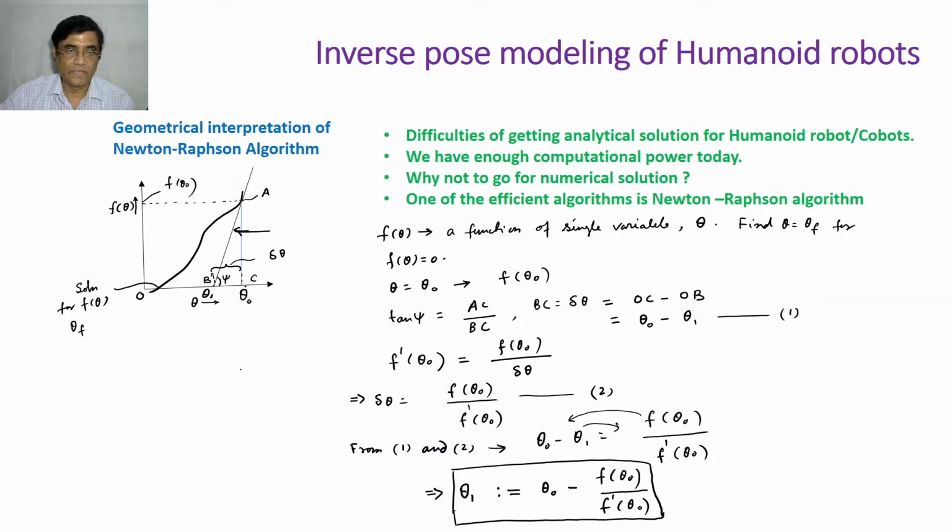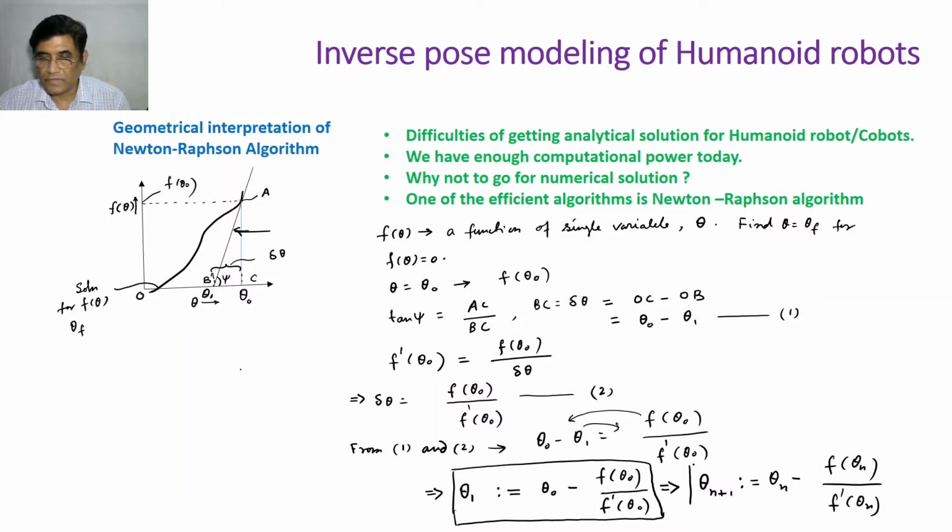You started from theta 0 and you are moving here, so in a more general way, say for n number of steps, if I start from initial theta n minus f of theta n divided by the first derivative of theta n. So this is a very general algorithm. It's clear?